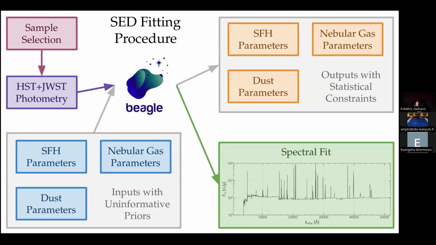This all goes into Beagle, which is a Bayesian SED fitting code. What we're able to output is the same input parameters, but with statistical constraints. And we're able to get mock spectral templates that were fit to the photometry data after it was convolved.